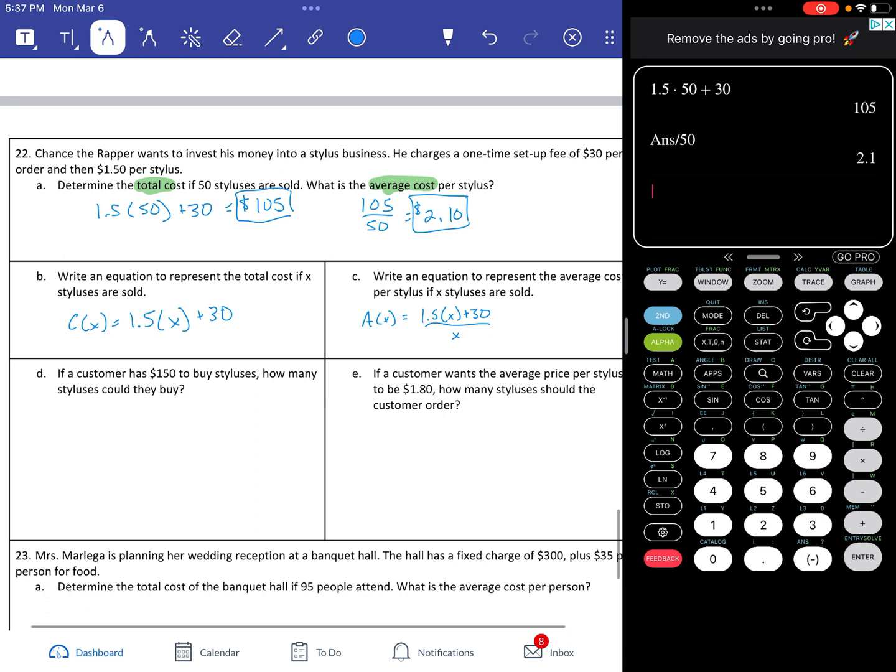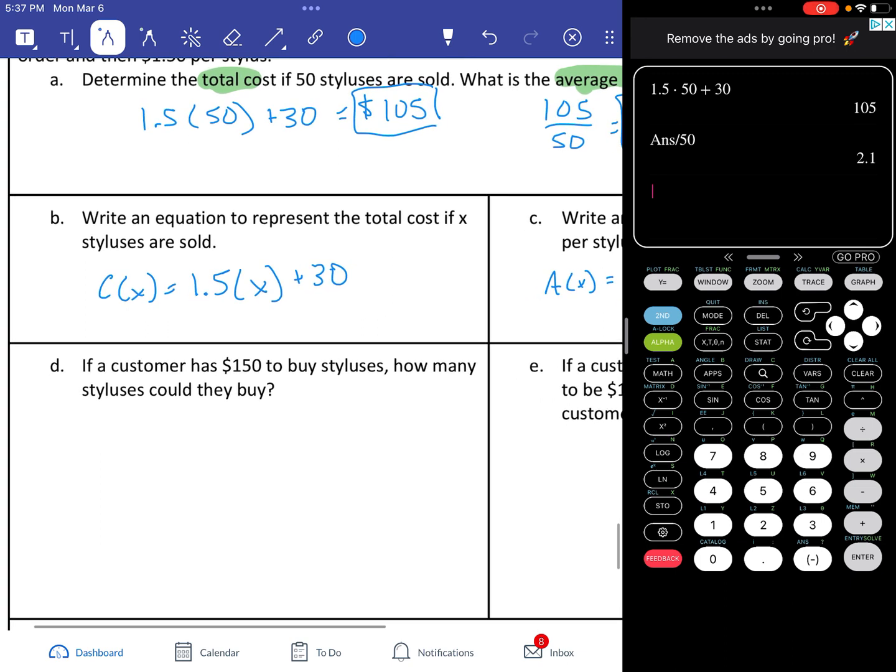All right. If a customer has $150 to buy stylists, how many stylists could they buy? So we're looking for the total cost. So this is the total cost. We're going to put that on the answer or the end of our total cost equation. So $150 equals 1.5x plus 30, and now solve for x.